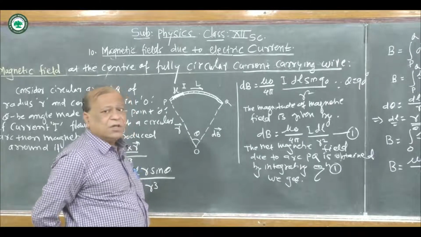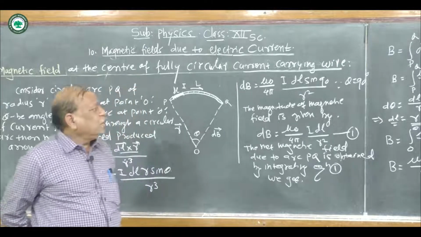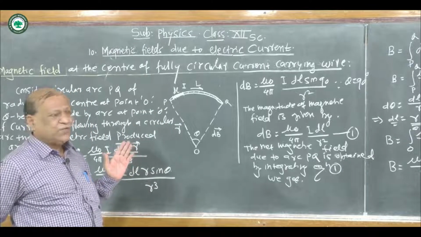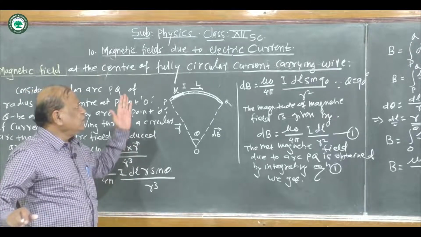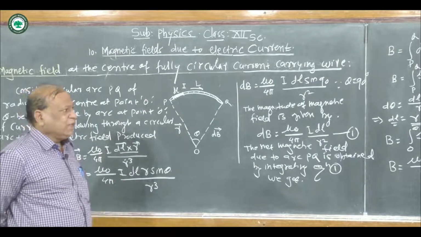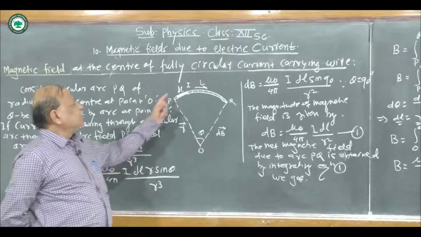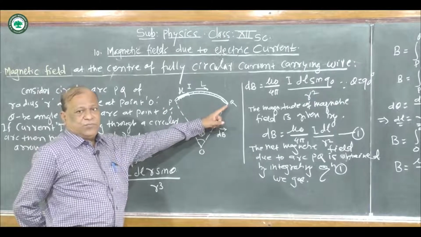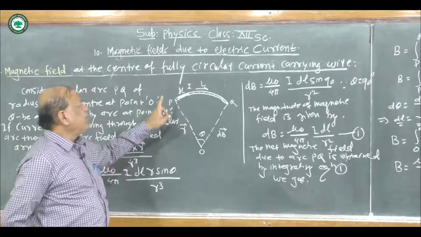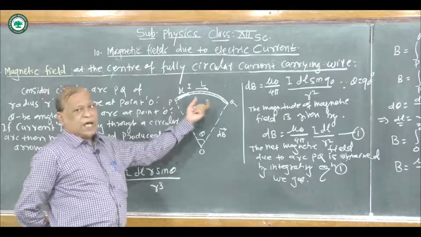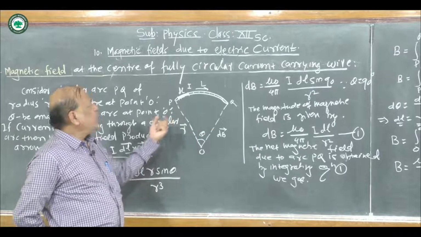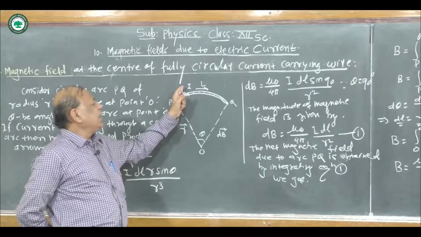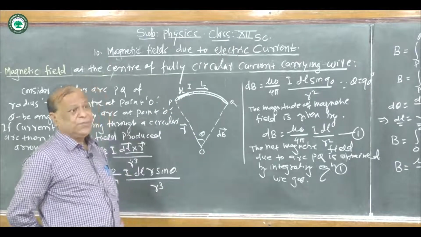Understand that one? I repeat again how to obtain these two expressions for the magnetic fields. First we will find the magnetic field produced by the circular arc. Consider this circular arc PQ of length L. This arc PQ is made up of a large number of small elements dl, and let I be the current flowing through it.